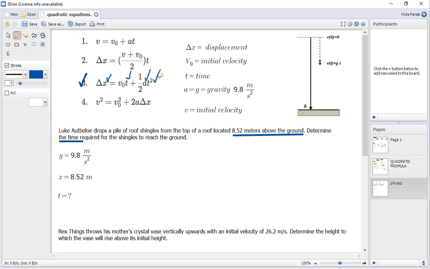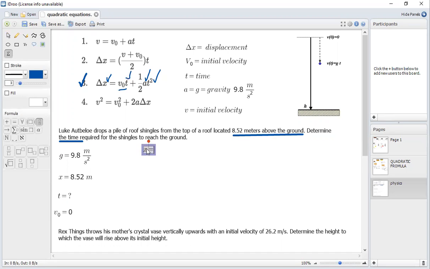And what is the initial velocity? 0, right? So you can put it here, the initial velocity, which is 0. So we put V sub 0. We are going to use formula number 3 to solve this exercise.